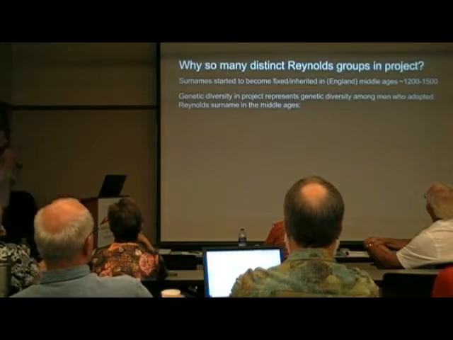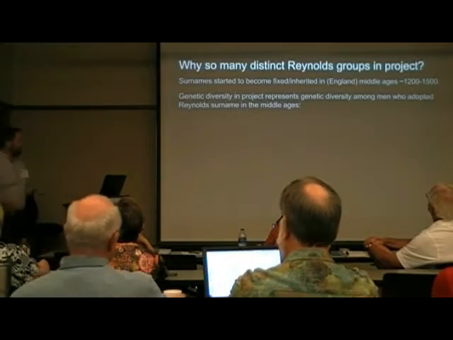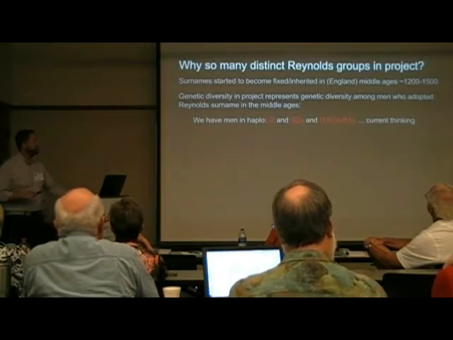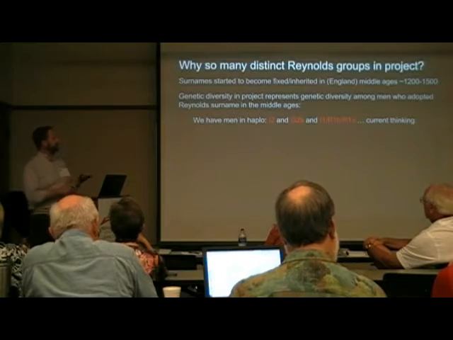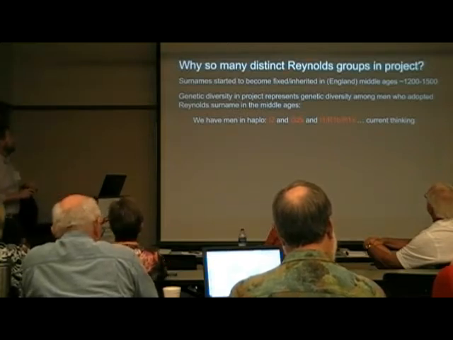Okay, so the genetic diversity in the project represents the genetic diversity among the men that adopted the Reynolds surname during the Middle Ages. And during the Middle Ages, there were men of tremendous genetic diversity, including in England, including where people started to take up the Reynolds name.